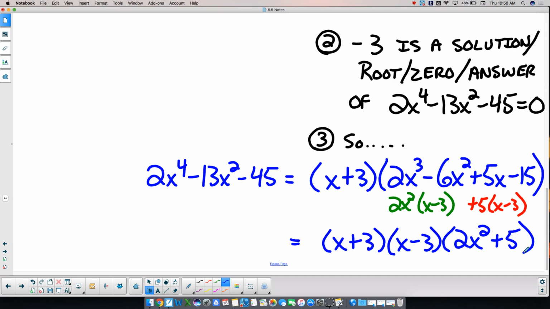The fact that we got a remainder of 0 opens up a world of opportunities for us.